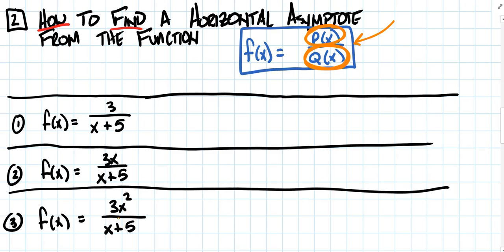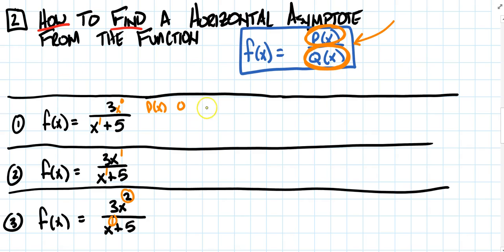First, identify the degree of p of x. In example 1, the degree of p of x on top is 0, because it's like 3x to the 0, and the degree on the bottom is 1. In example 2, the degree of p of x is 1, and the degree of q of x is also 1. In example 3, the degree of p of x is 2, and the degree of q of x is still 1.